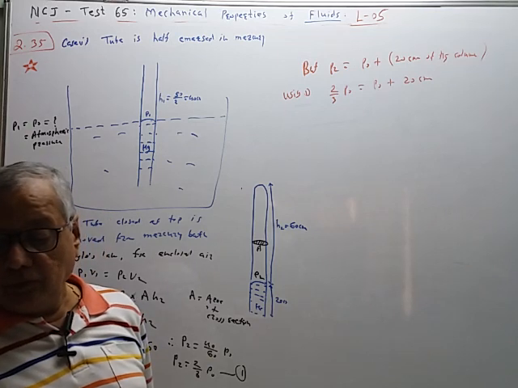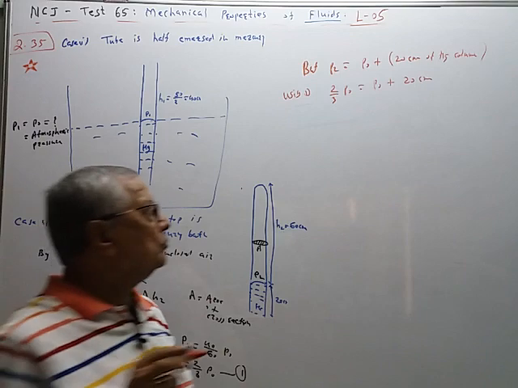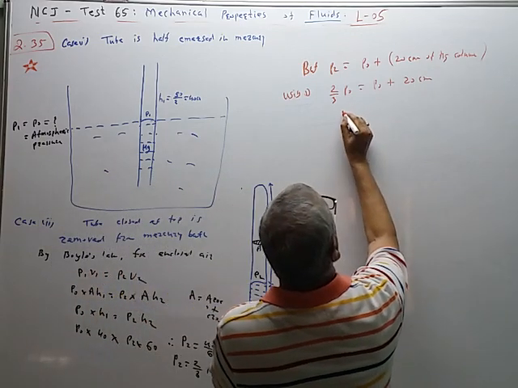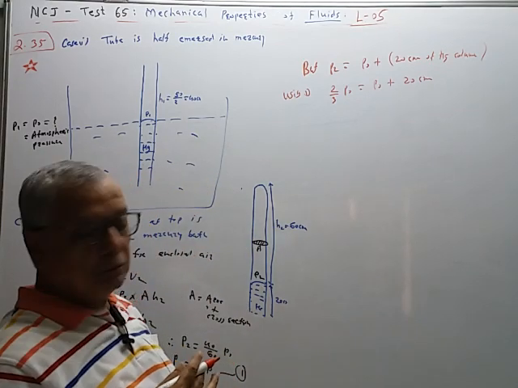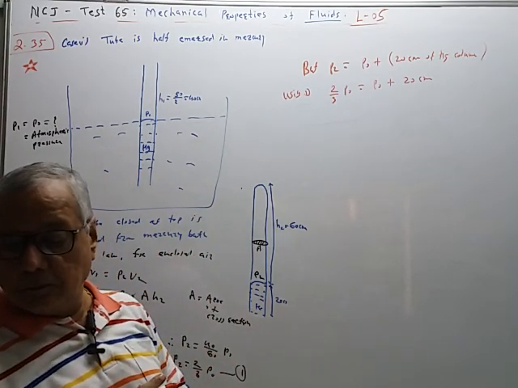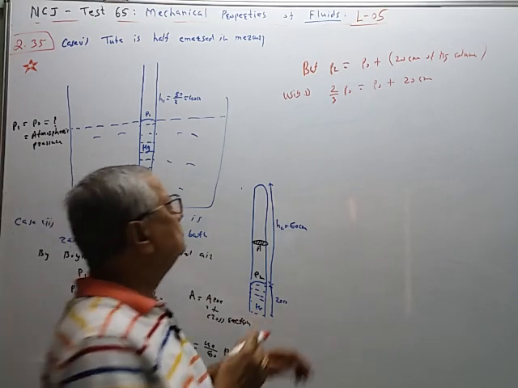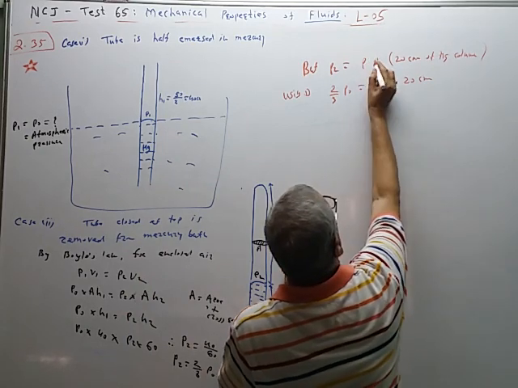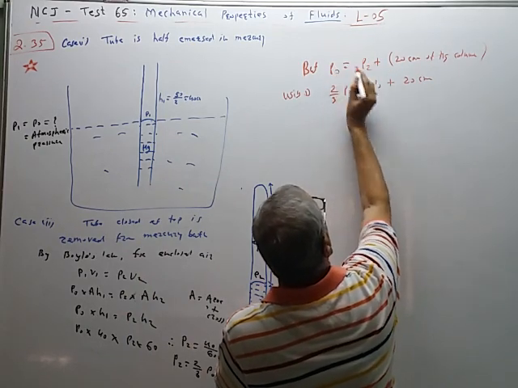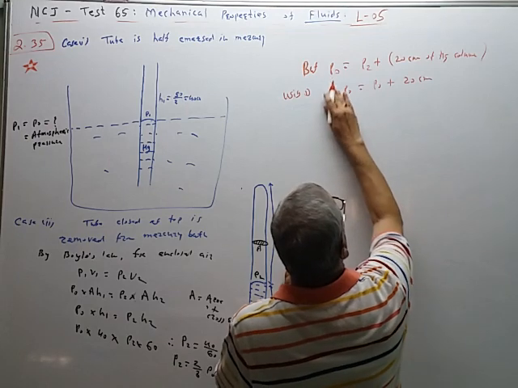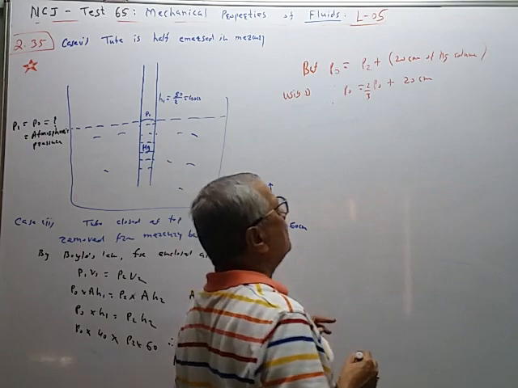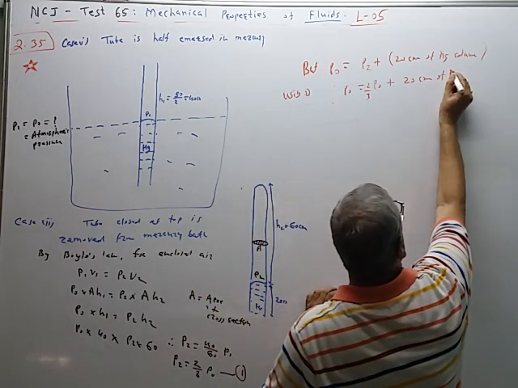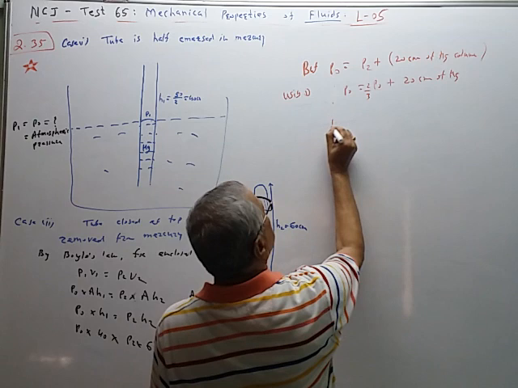So 2/3 times P0, 20 centimeter of Hg, this will go on this side.